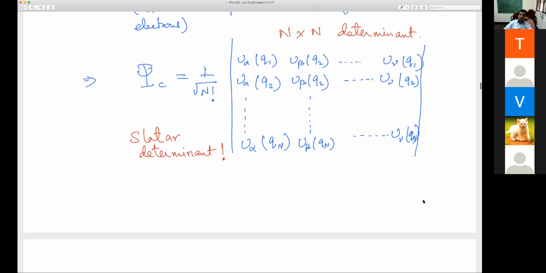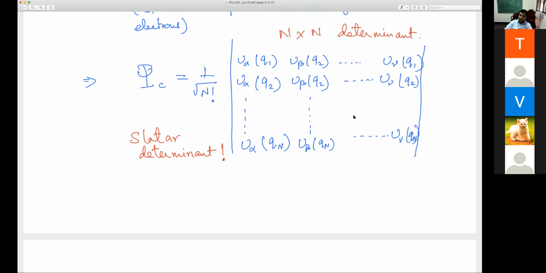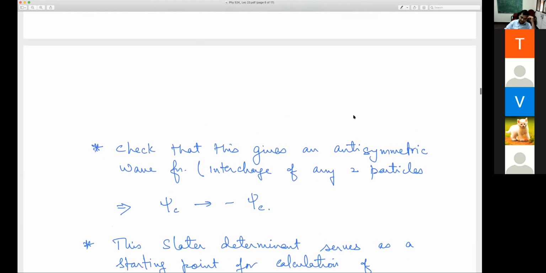And here also I have the same physics: suppose I interchange 2 particles, say particle n and 1. Then that is like interchanging row 1 and row n, so I flip them. And that generates a negative sign in the determinant, which we already know from properties of matrices.